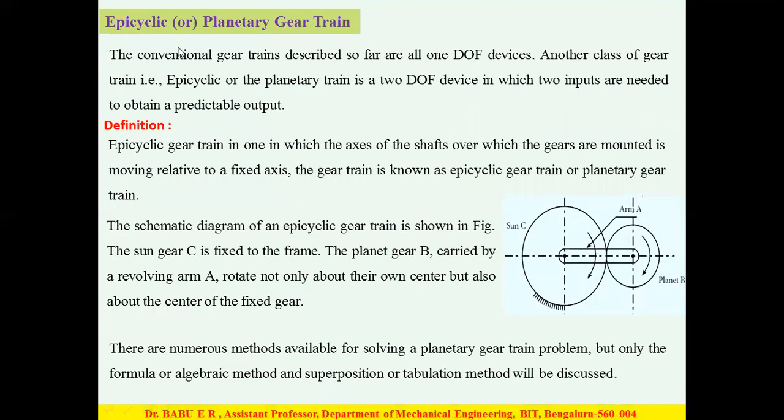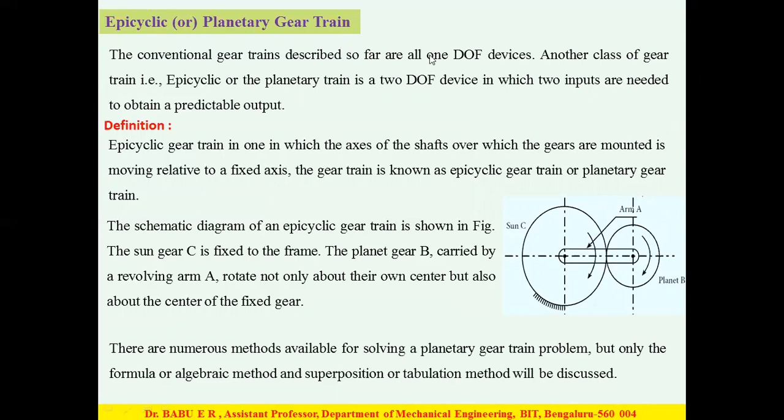So the next one is the epicyclic or planetary gear train. This is very important for our syllabus. The conventional gear trains described so far, up to now what I told, are all 1 degree of freedom devices. That is the simple gear train, compound gear train, reverted gear train.